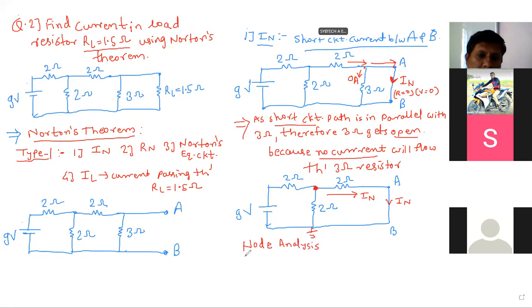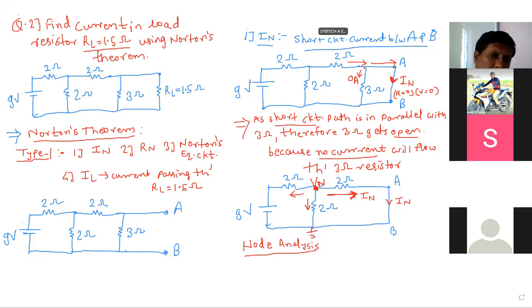Only one principal node is there, and the remaining one is ground. So this voltage I will name Vn. Instead of V1, I give Vn because here IN matches. So this is the outgoing current you can mark, because the current here is not known, mark as outgoing. Here also the current is not known, mark outgoing. This is already marked outgoing.